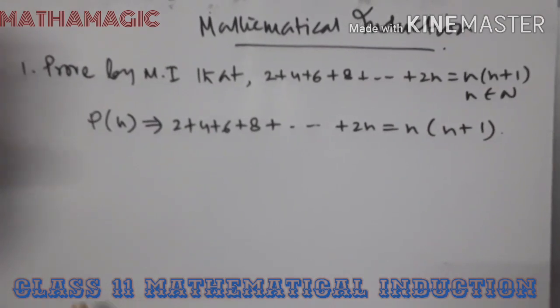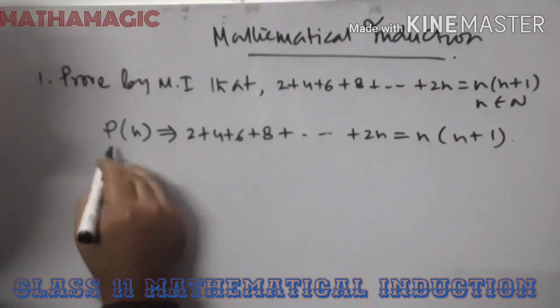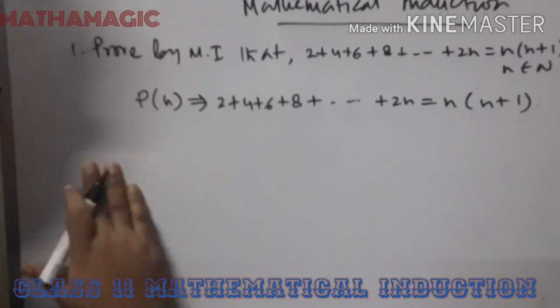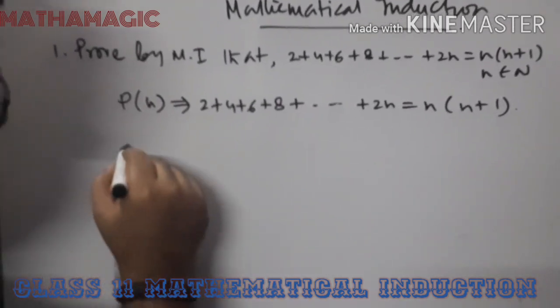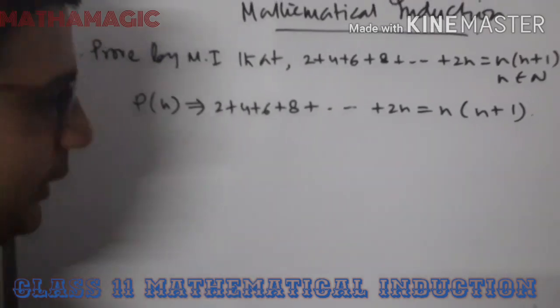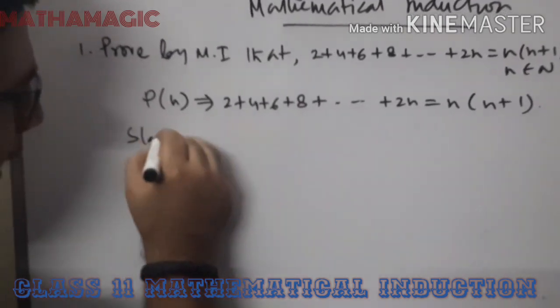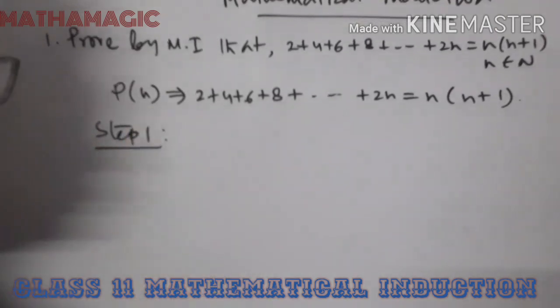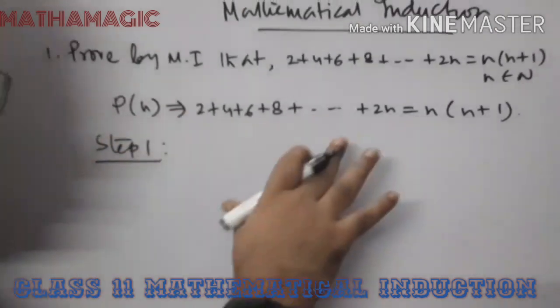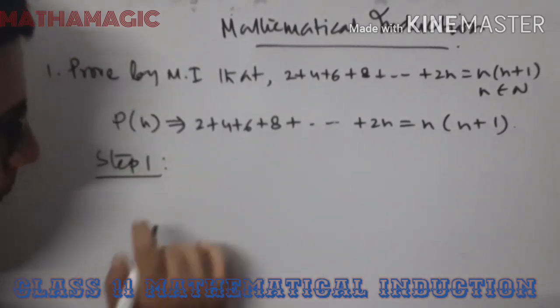Now we have written this and we will follow the steps I am doing right now. First of all we have to find the value of P of 1, that is step 1. No need to write step 1, but I am writing it for your convenience. You have to follow the steps, but no need to write step 1.